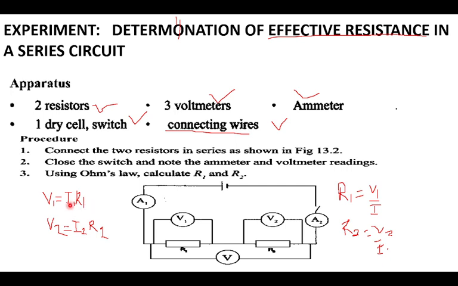So you make R1 the subject by simply dividing the voltage there by the current which is flowing through. So the current is the reading that you get from A1, which is the same as that of A2. So you do the same to find R2 here.